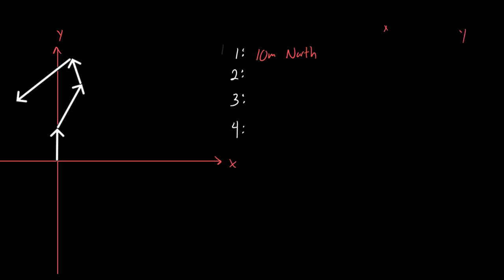My second one is 15 meters, 30 degrees east of north. My next vector is 8 meters, 20 degrees west of north. And my last one, 12 meters south of west.